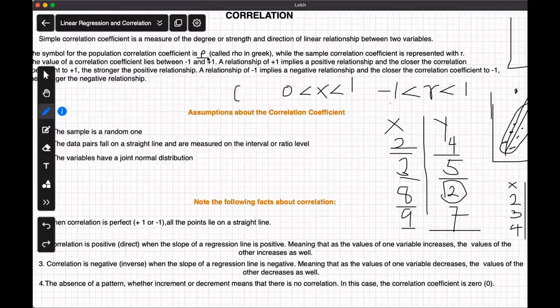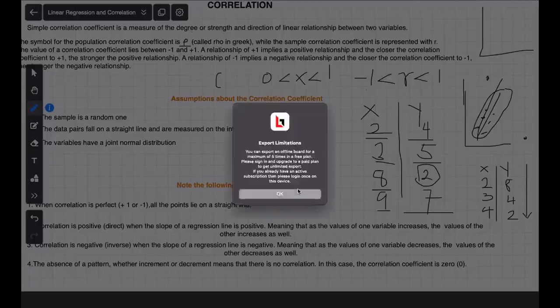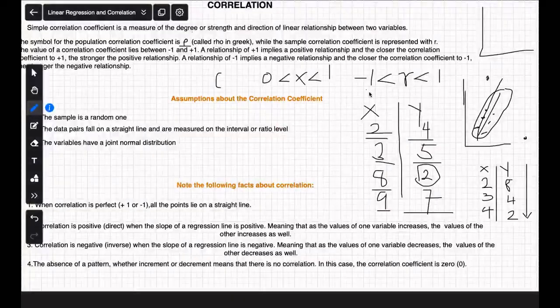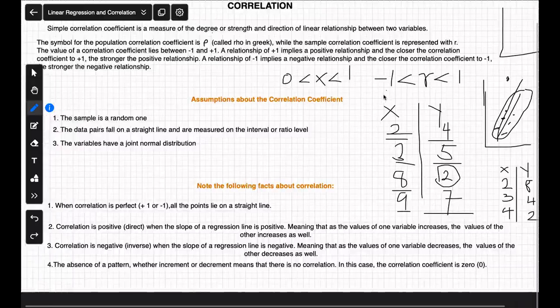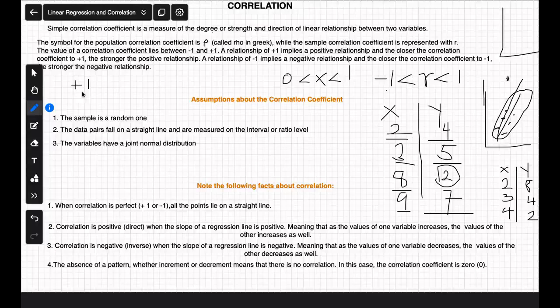So our R is from between -1 to +1. It can take any value. You need to remember that when it is +1, it is a perfectly positive relationship. When it is -1, it is a perfectly negative relationship.